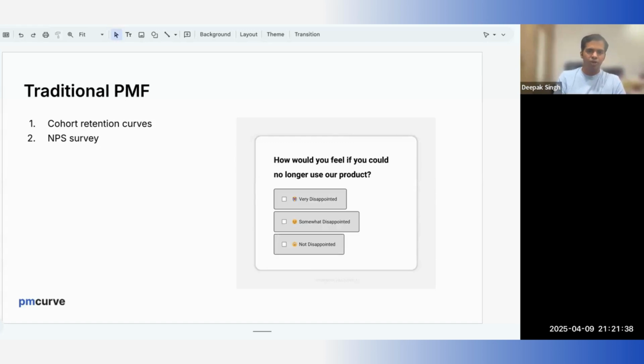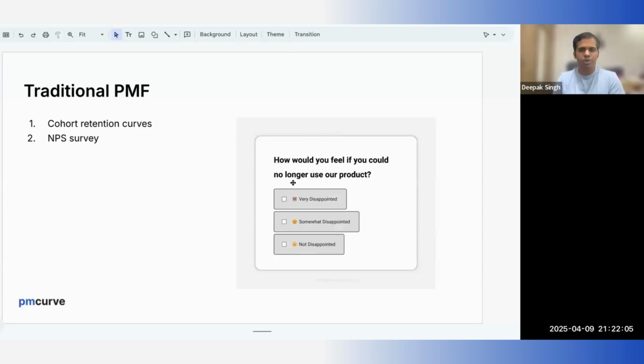He said this rule of 40, where if 40% of people tell you that they will be very disappointed if they could no longer use your product, you have a product market fit. And he did this exercise by talking to a lot of companies, and the products which had met this rule of 40 usually had strong PMF, strong need in the market. But if it is less than 40, your goal should be to move it to 40.